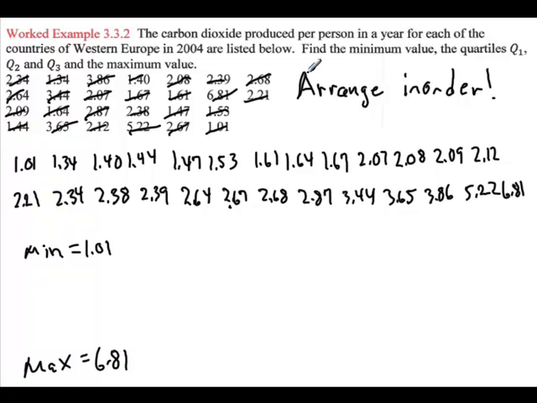The values Q1, Q2, and Q3. I find Q2 first. Q2 is nothing other than the middle score, which is the median. So how many data values do we have? And this is where it's imperative to know the data arranged in order.